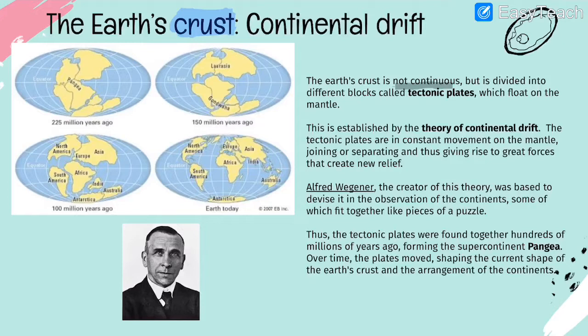In this case, there are different blocks. Imagine again, this is the mantle, el manto with the magma. And outside, there is the crust. The crust could be a mountain, could be the ocean.